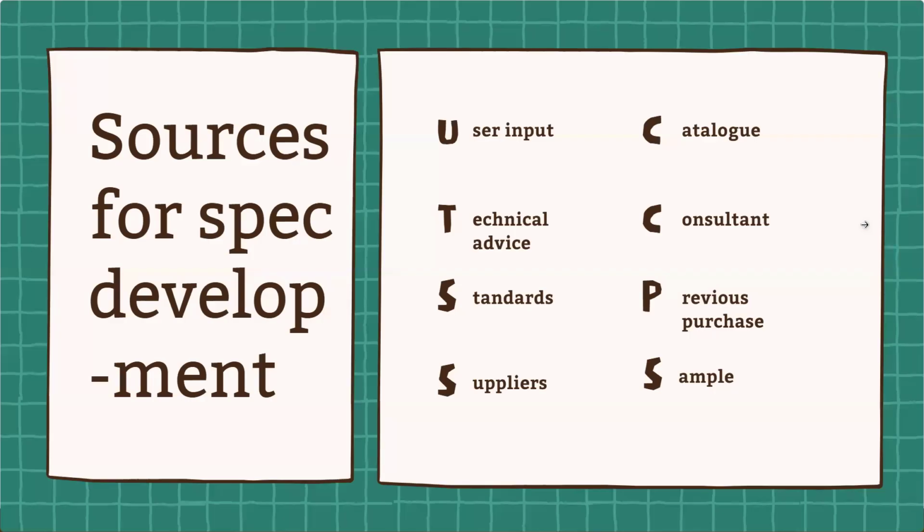To write a specification, we should not start from a blank page. But we may consult some information to develop the specification. The first piece of information is the input from the user.